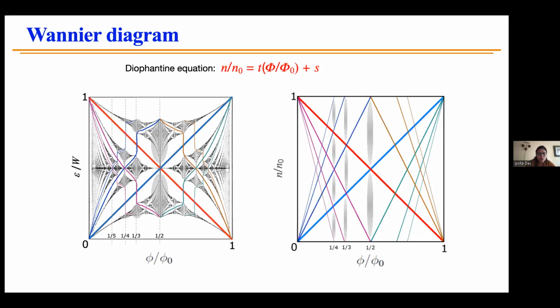And if you consider these red or blue lines and map them as a function of carrier density and flux, then you will have the Wannier diagram. Basically, this tells you how a Landau level evolves as a function of magnetic field and carrier density, right?